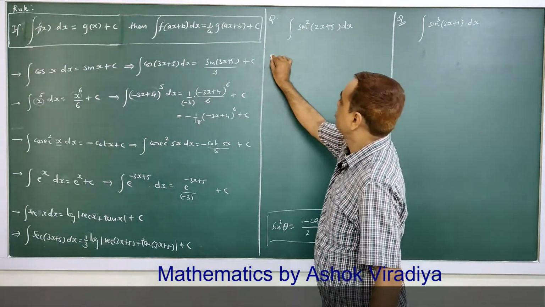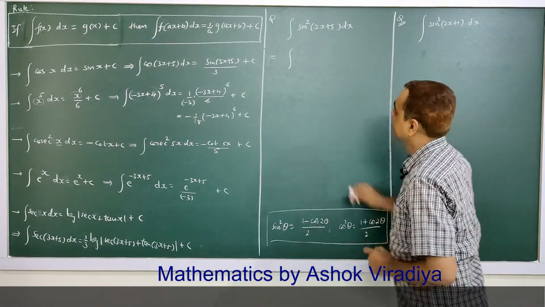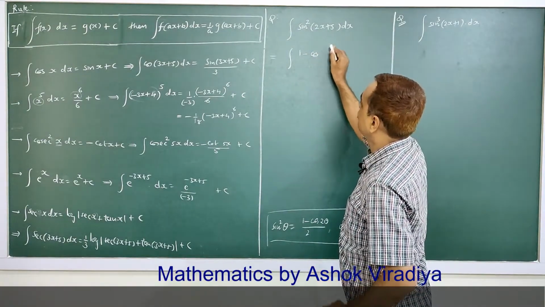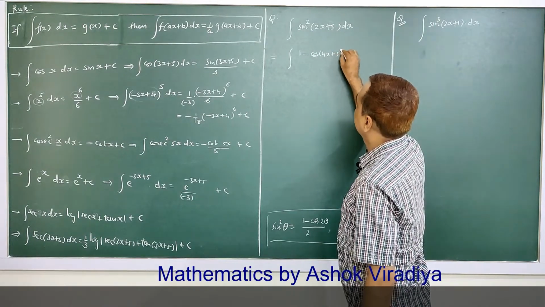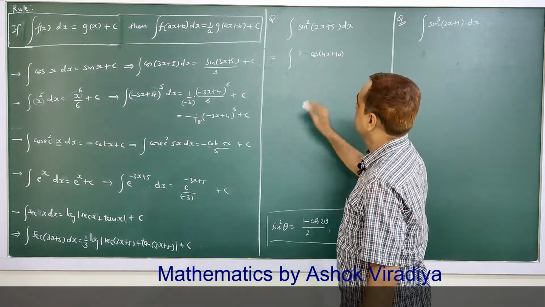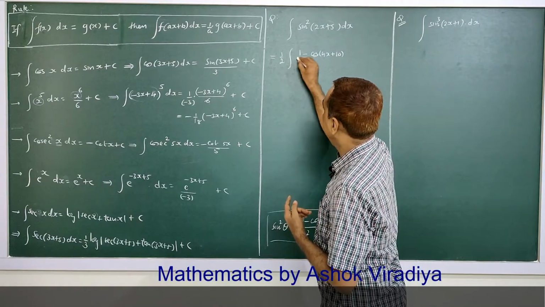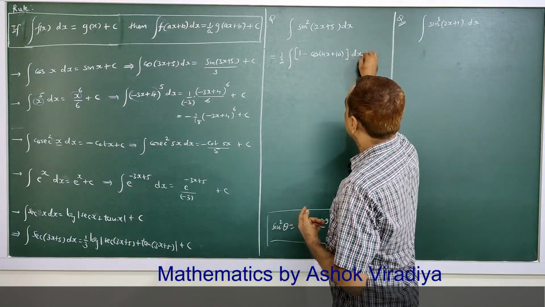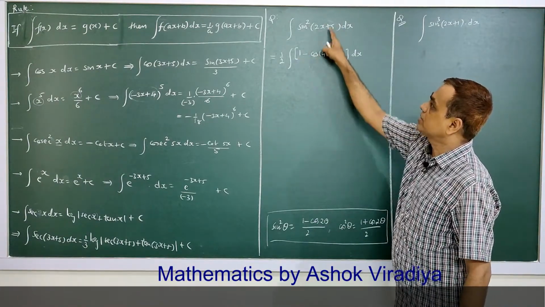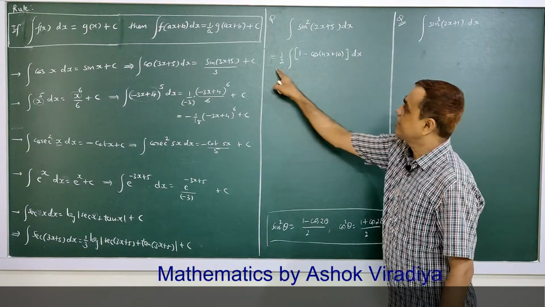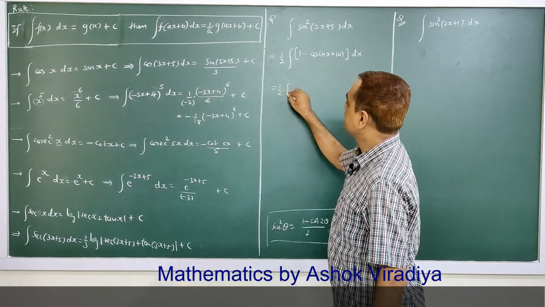So using this formula, sin square theta is 1 minus cos 2 theta by 2. So it is equal to integral of 1 minus cos of its double, which is 4x plus 10, divided by 2. So I am putting the divide by 2 outside. So this is used: sin square theta is 1 minus cos of its double, divided by 2. That is 1 upon 2 into, now this is integrable.